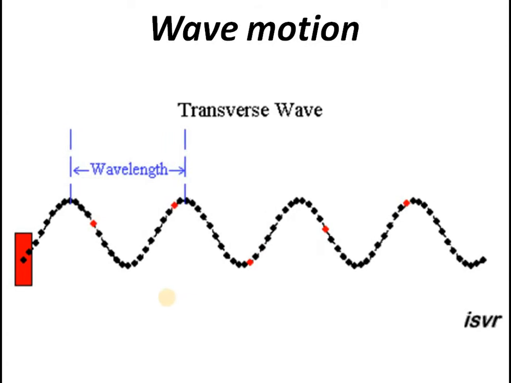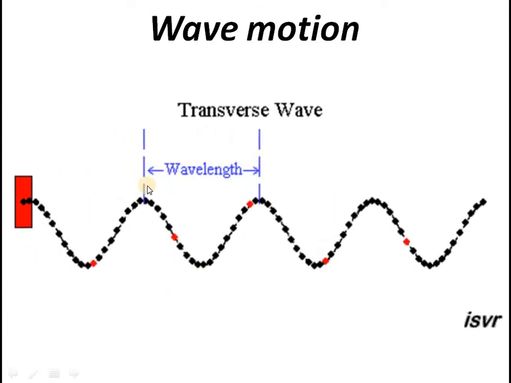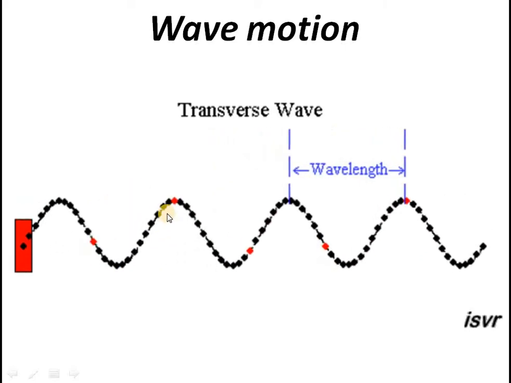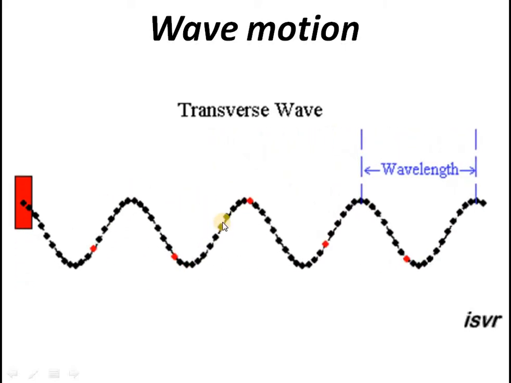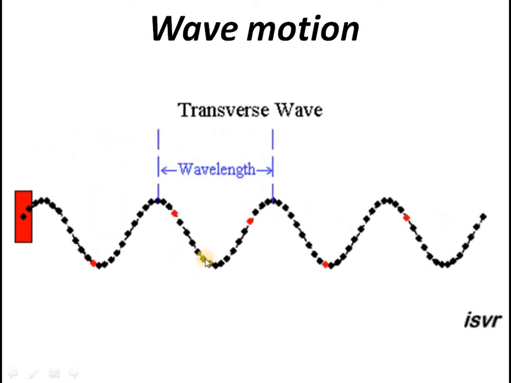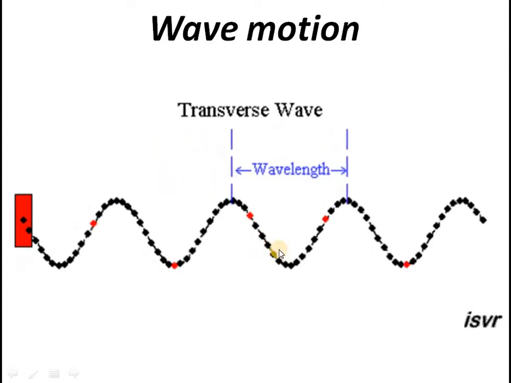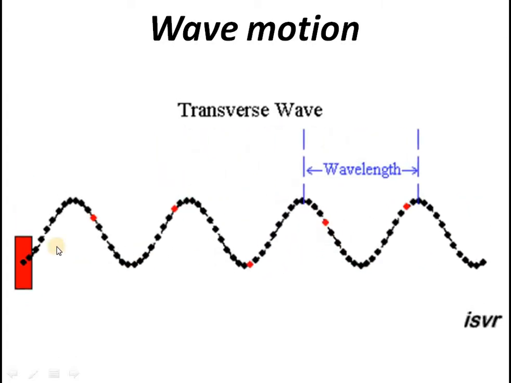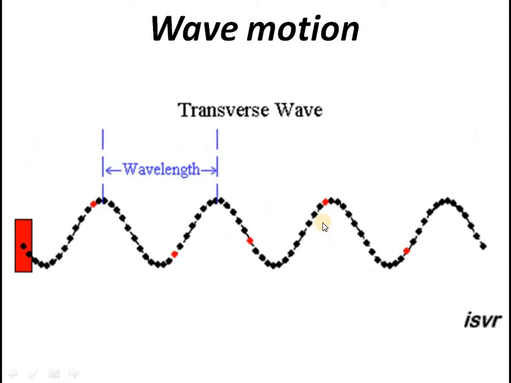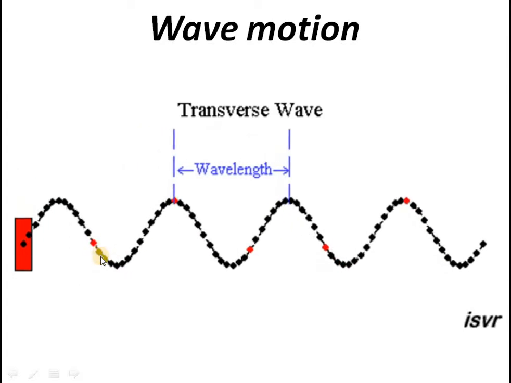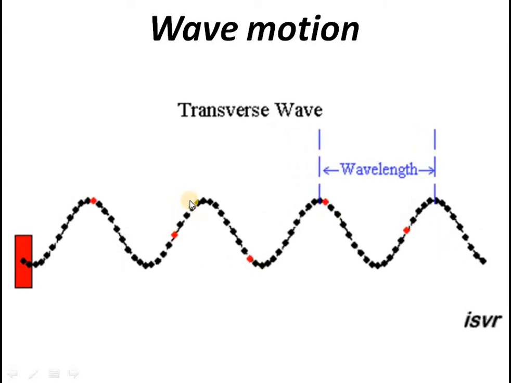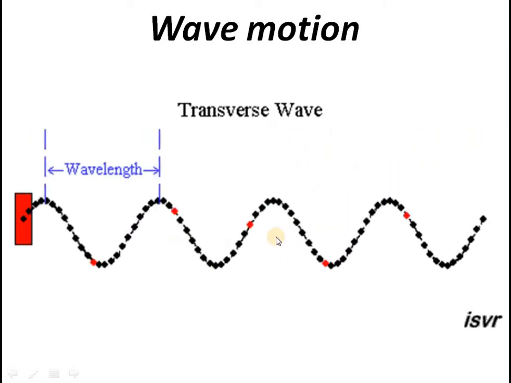Another thing is how the energy propagation is made possible. Here you can see the up and down motion creates some raised projections. These raised projections are called crests. The lowest portion, where the displacement is lowest, is called the trough. Essentially any wave is a collection of alternating troughs and crests. A crest has the maximum displacement and a trough has the lowest displacement.